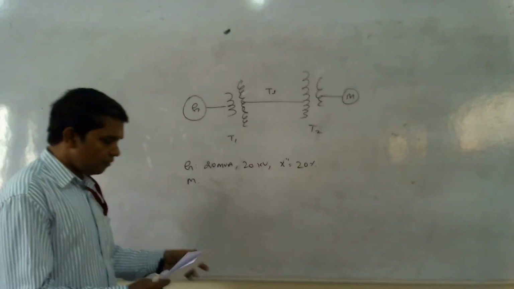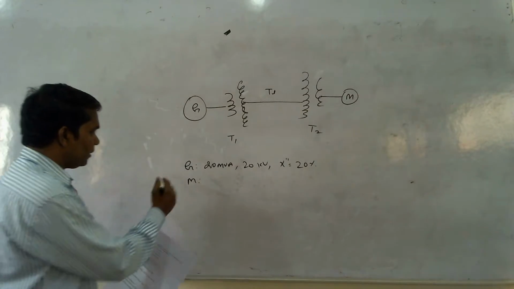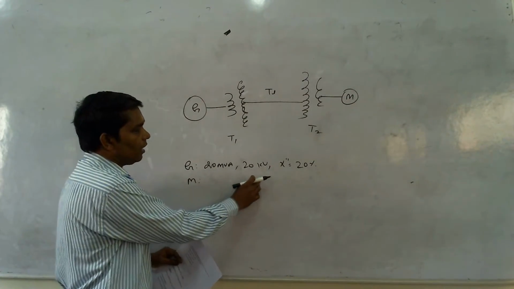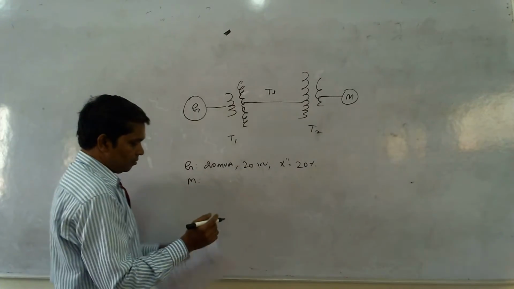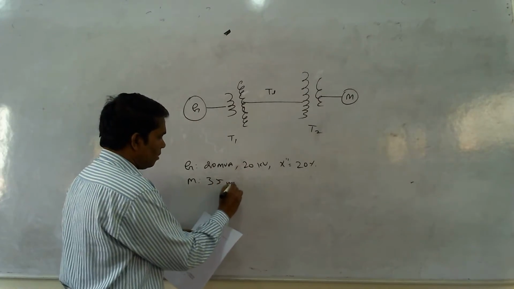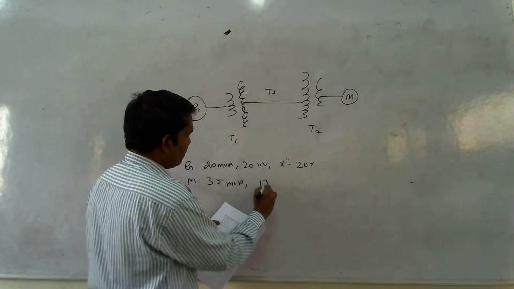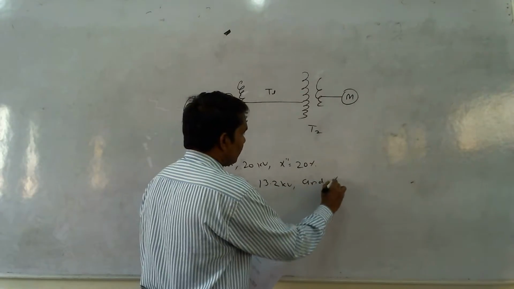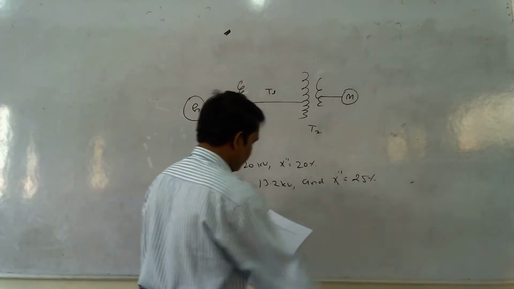The values are given as below. Let us note down the values. Generator: 20 megavolt ampere, 20 kilovolt, and reactance of 20%. The motor has a rating of 35 megavolt ampere, 13.2 kilovolt, and reactance of 25%.